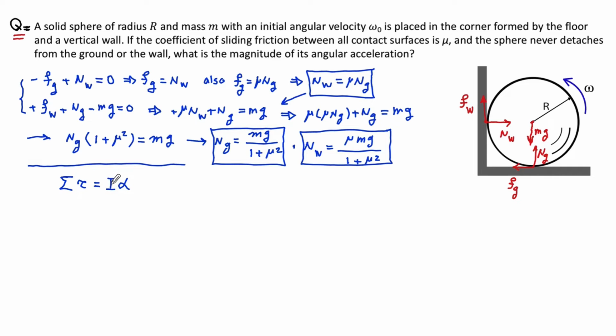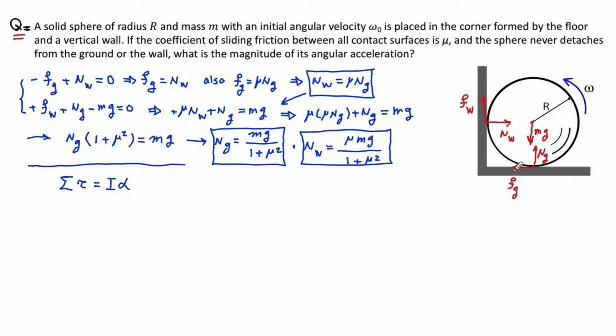I is the moment of inertia about the central axis, and alpha is angular acceleration. But what are the torques exerting on this sphere? The torques are due to Fg and Fw.